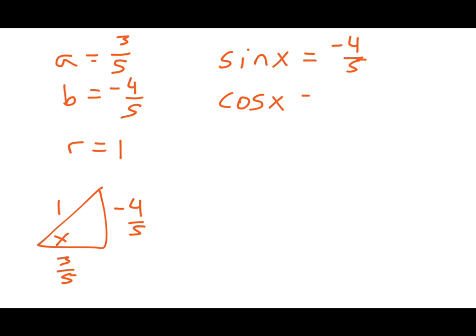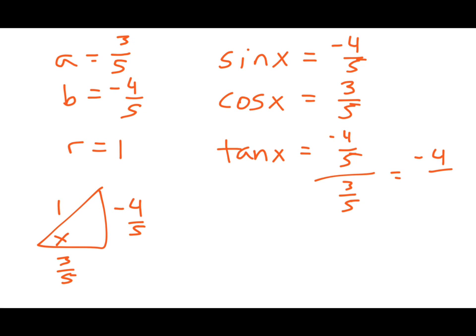Cosine of x is adjacent over 1, which is just 3/5. Tangent is opposite over adjacent, which simplifies to just negative 4/3.